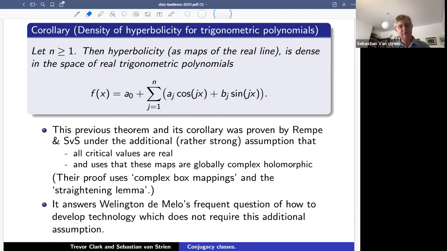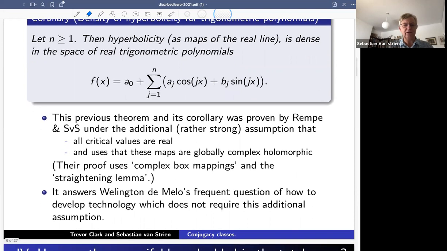The reason for locally defined was that we used a straightening lemma, which means that you take a map and make it local by some kind of complex box mapping, which I'll discuss in a few slides, and then glue it with infinity in an artificial way. That's not possible for maps of this type. For polynomials you could do that, but for transcendental maps like this one, it would not be possible. But our technology is quite different, and now I will discuss that a little bit.